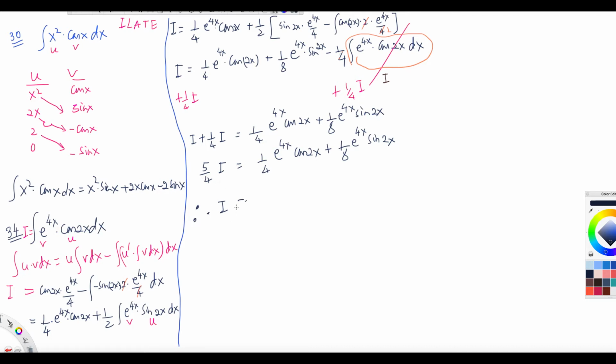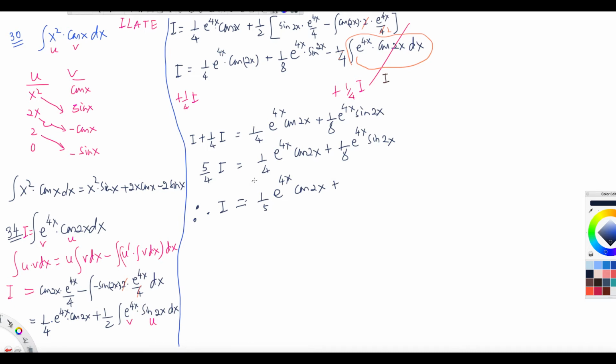It's the same thing, okay? I equals to, I am multiplying by 4/5. That will cancel out 4/5. So 1/5, you see that? 1/5 e to the 4x cosine 2x, okay?